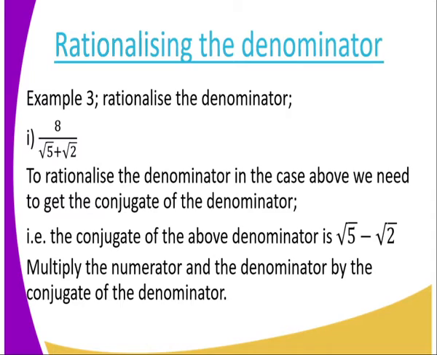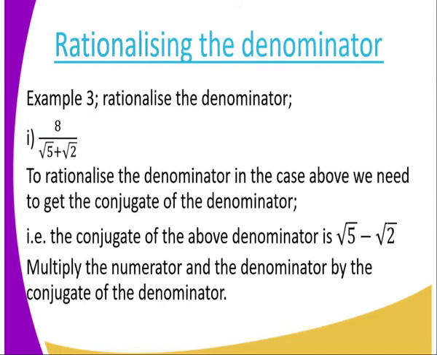We go to the next example. You are given: rationalize the denominator of 8 divided by surd 5 plus surd 2. This one now has 2 terms in the denominator. We don't operate like the one we did with only one term. So what do we do?